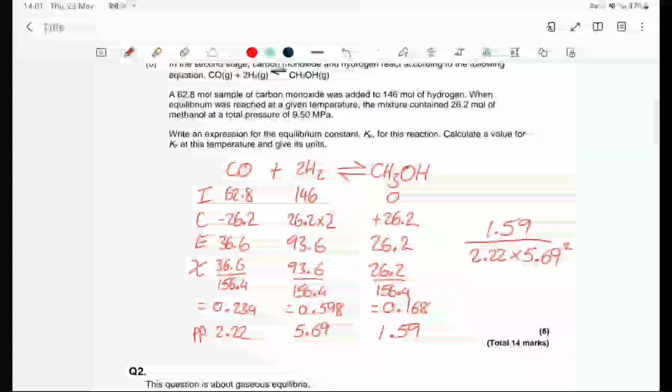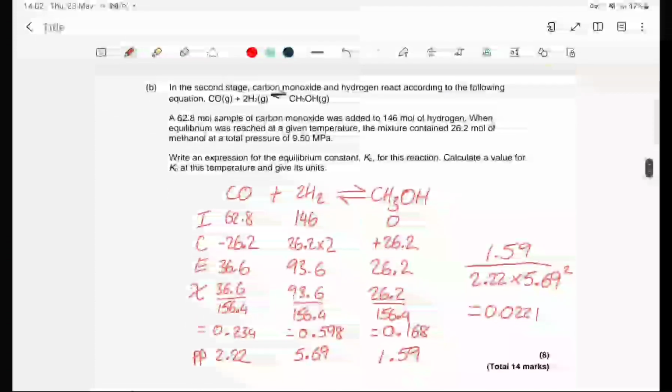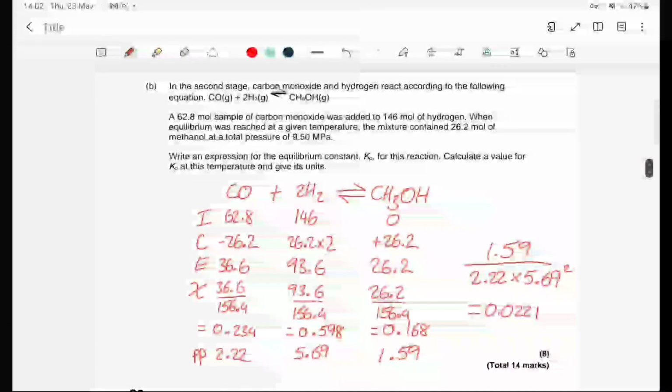Worth noting here, of course, we've got the 5.69 squared, so don't forget to square our hydrogen, because of course there's 2 of them in the ratio, and this gives us an answer of 0.0221. The mark scheme only seems to want you to have it to two significant figures, so 0.022. I don't see a good reason for that. Everything is given to 3 sig figs in the question, so I would do it to 0.0221.